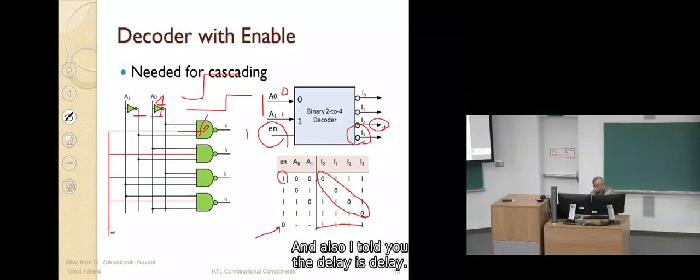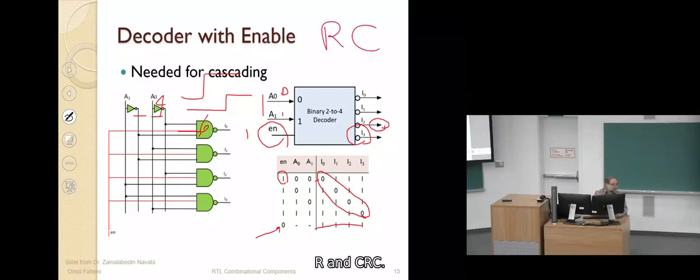And also, I told you the delay depends on what. If you remember, I wasn't emphasizing that because it is not our course, it is the electrical design. It depends on the capacitance and the resistance of the circuit, R and C. Does it make sense?